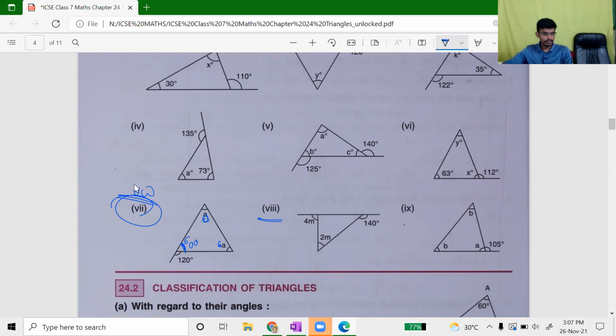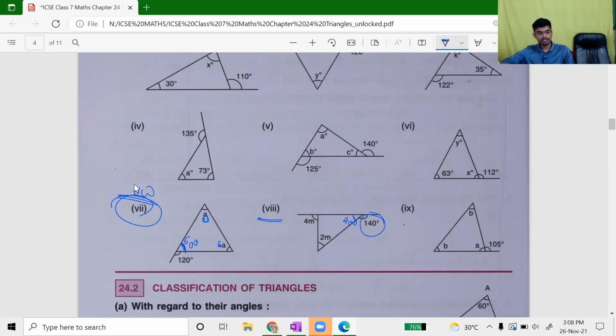Coming to the question number 8-1. See, this is 40 degree, and this is 140, right? What will be this? 40 degree.